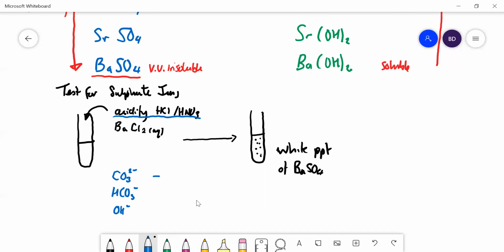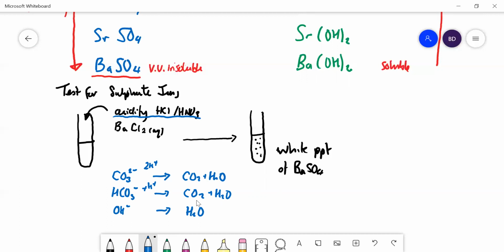If you add H plus, you want 2 H pluses for the carbonate, and it turns into CO2 and water. The hydrogen carbonate also turns into CO2 and water, but you only need 1 H plus there. And the hydroxide you turn into H2O.